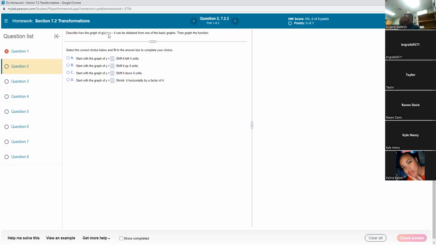All right, y'all look at this one. g of x equals x minus 4. So that's not inside parentheses with the x. That negative 4 is just sitting at the end of my function. So any guesses on what that negative 4 is going to do?